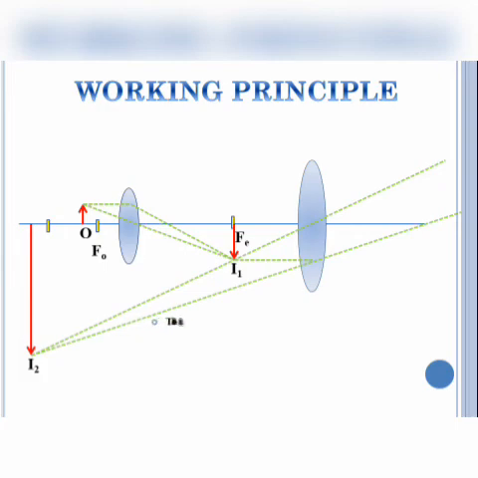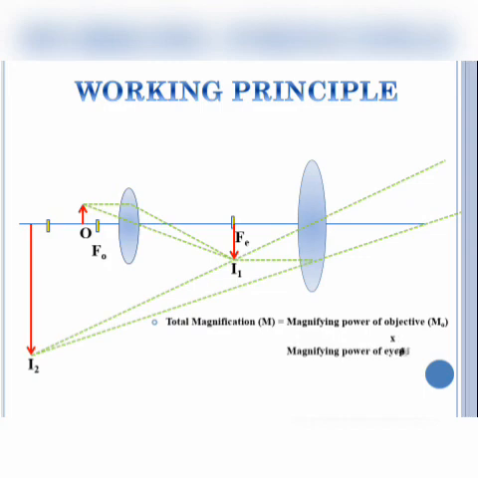To calculate the magnification, it is the total magnification, which is the multiplication of the magnifying power of objective with the magnifying power of eyepiece. Magnifying power of objective is represented as MO and magnifying power of eyepiece is represented as ME.